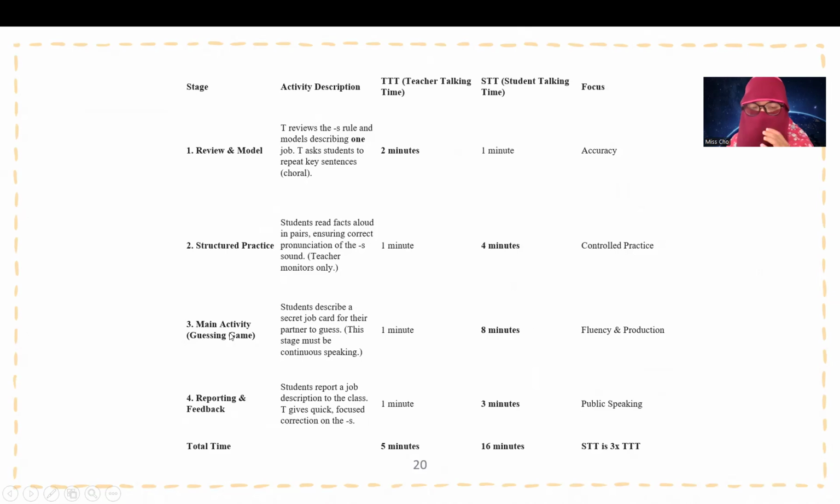Thirdly, the main activity is the guessing game, where students describe a secret job card for their partner to guess. This stage must be continuous speaking, and the focus is fluency and production. Fourthly, reporting and feedback, where students report a job description to the class, and the teacher gives quick focused correction on the S. The focus is public speaking. The total time for the STP is 16 minutes.